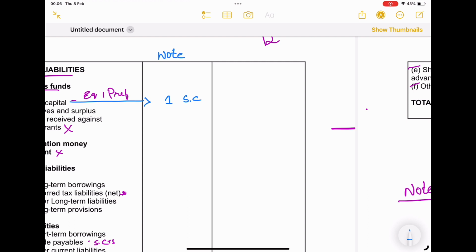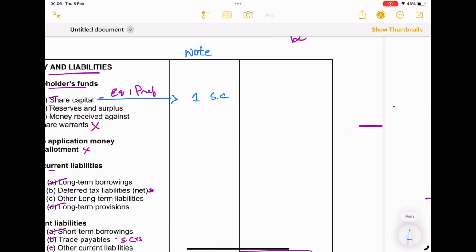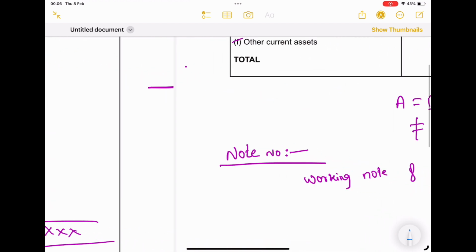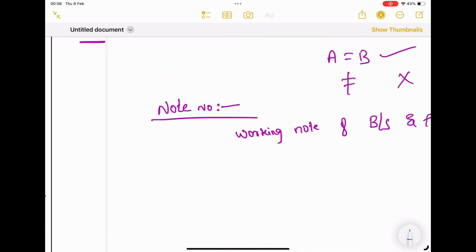I have mentioned all the things I have written for calculation purposes. Now I'm going to start with note 1. Note 1, what they have given, always note 1 is for, I'll write the note numbers here. This is my note numbers. So note 1 is share capital.